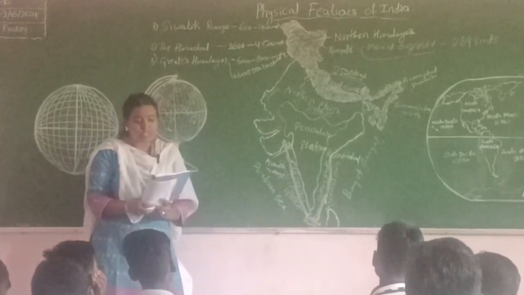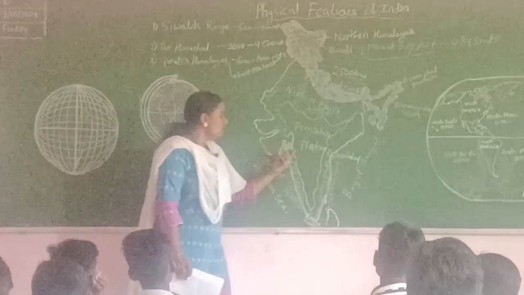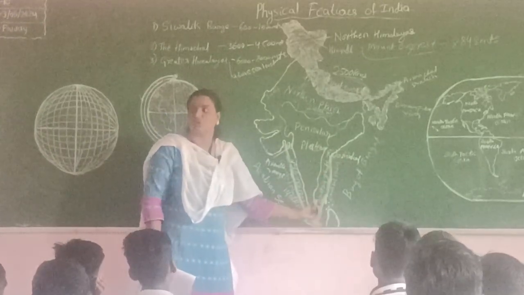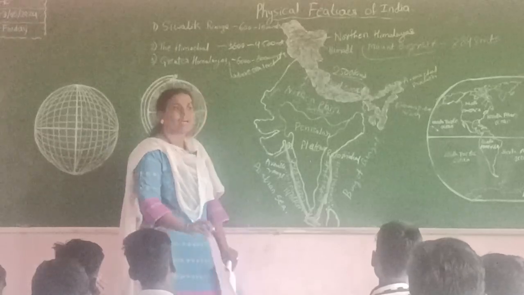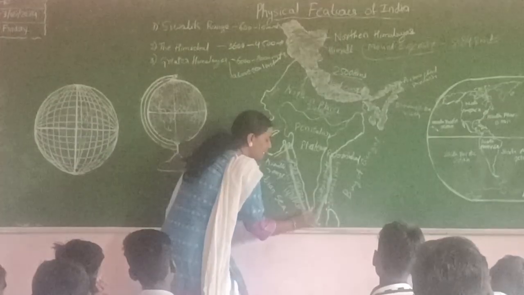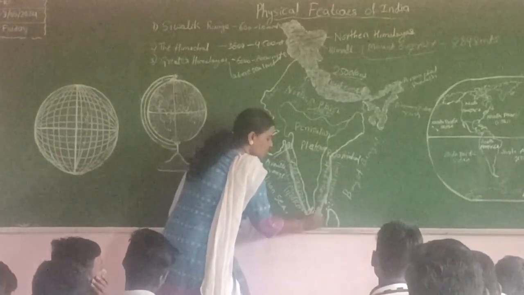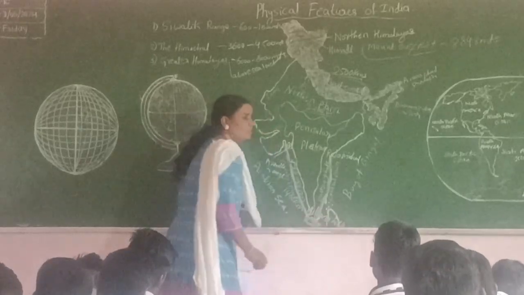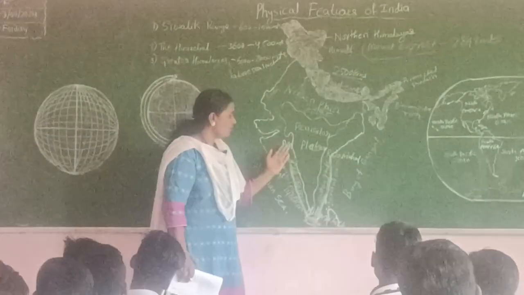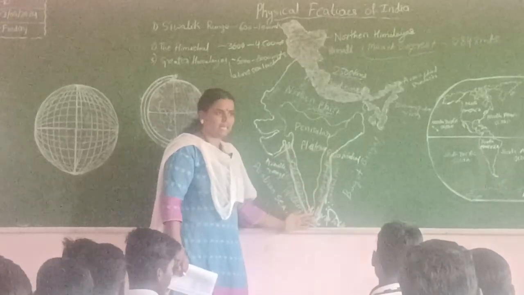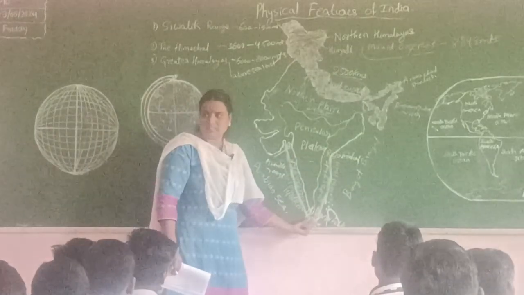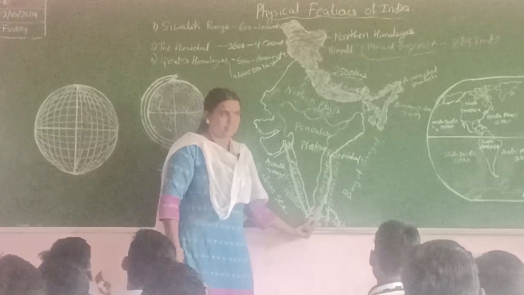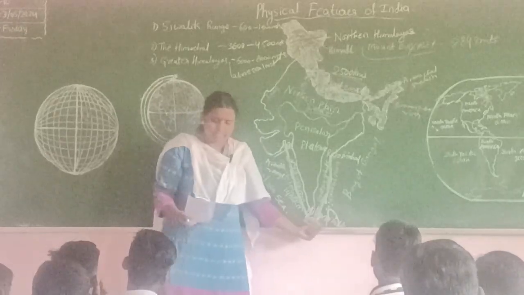If they ask where the Western Ghats and Eastern Ghats join each other, your answer should be the Nilgiri Hills, not Kanyakumari. Where the Western Ghats and Eastern Ghats join together, your answer is the Nilgiri Hills.